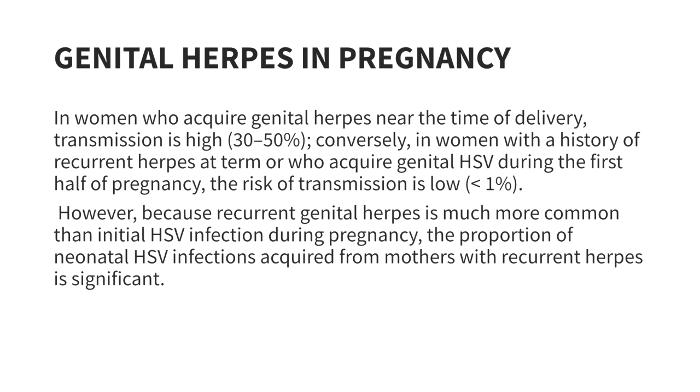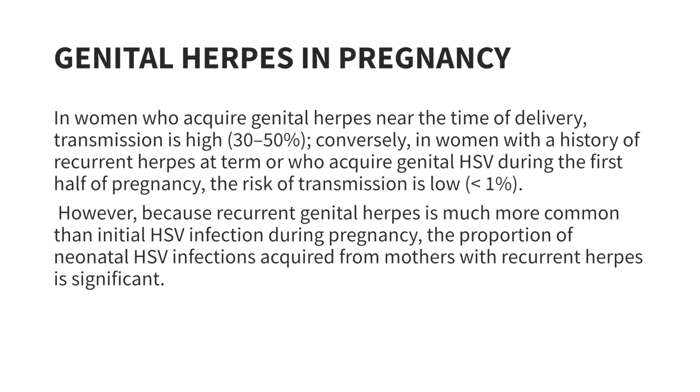The importance of herpes simplex infection during pregnancy is that in a woman who acquires herpes simplex near the time of delivery, the transmission to the baby is high, 30 to 50%.